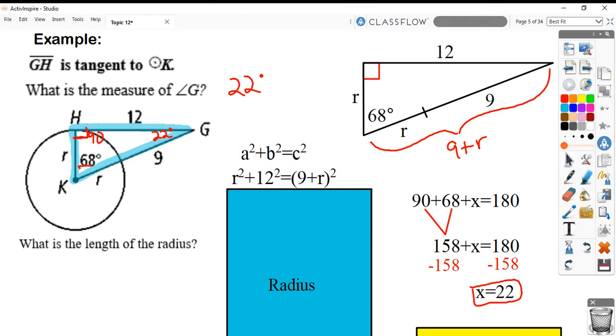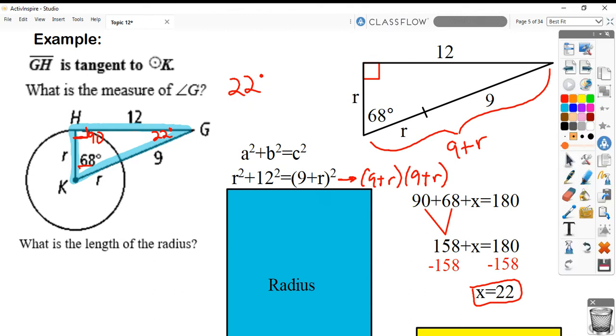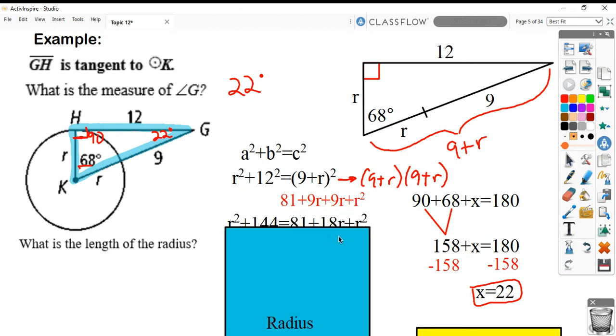You have to notice that this is 9 plus R times 9 plus R. This is something that you have to FOIL. You have to distribute into both of those parentheses. It's not going to be 81 plus R squared. It's 81 plus 9R plus 9R plus R squared. You have to recognize that.